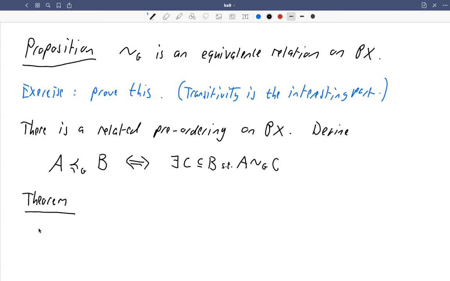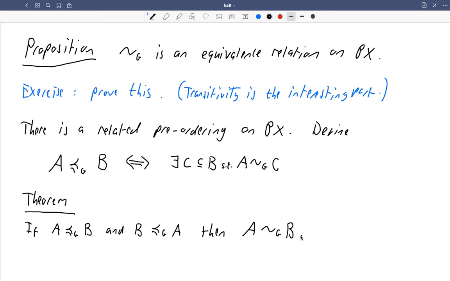The theorem is: if A is G equidecomposable with a subset of B, and also B is G equidecomposable with a subset of A, then in fact A is G equidecomposable with B.